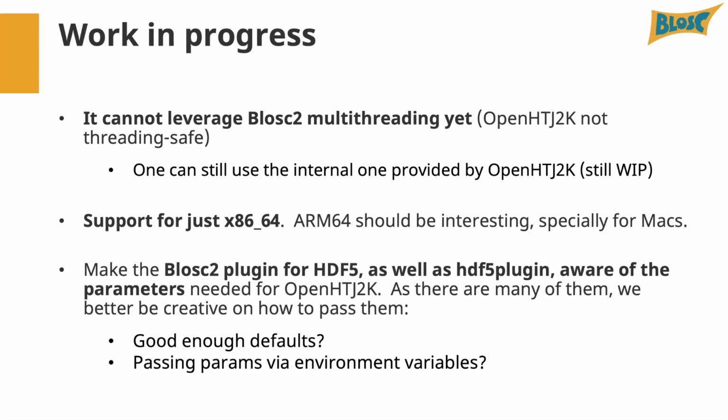It would be nice to have conversations with users to get, for example, good enough default values for the different parameters, or maybe try to pass the different parameters via environment variables in order to avoid cluttering the HDF5 plugin or the Blosc2 plugin with a too complex API. This is something to be solved.